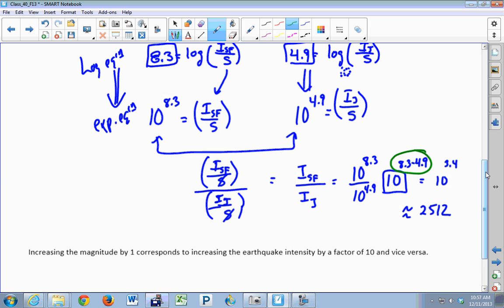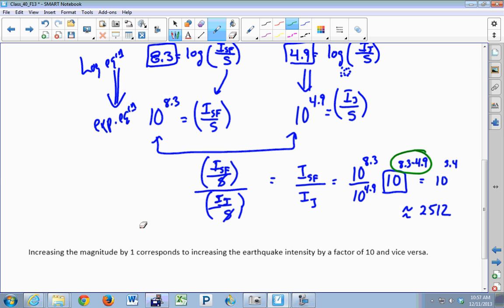So here's your model. Base 10, and you subtract your two Richter scale values. The important thing is, when you're changing the value of your magnitude by just one, that corresponds to increasing the intensity of your earthquake by 10 to the 1, or 10 times.